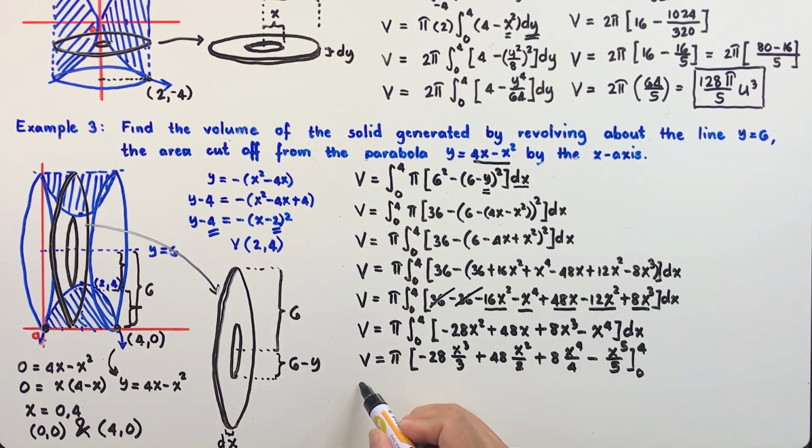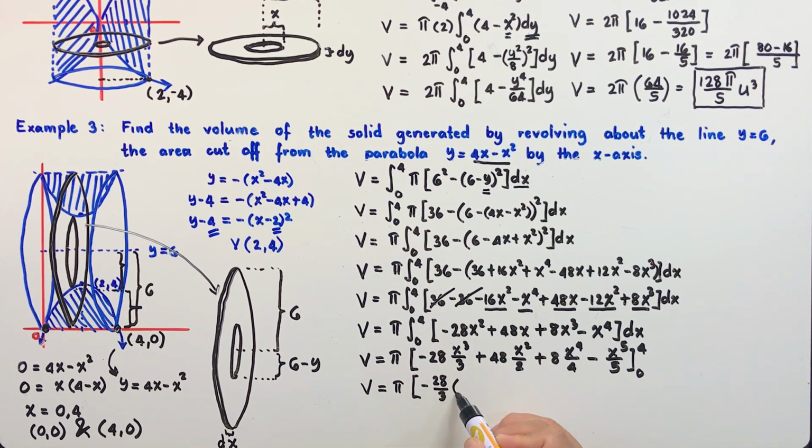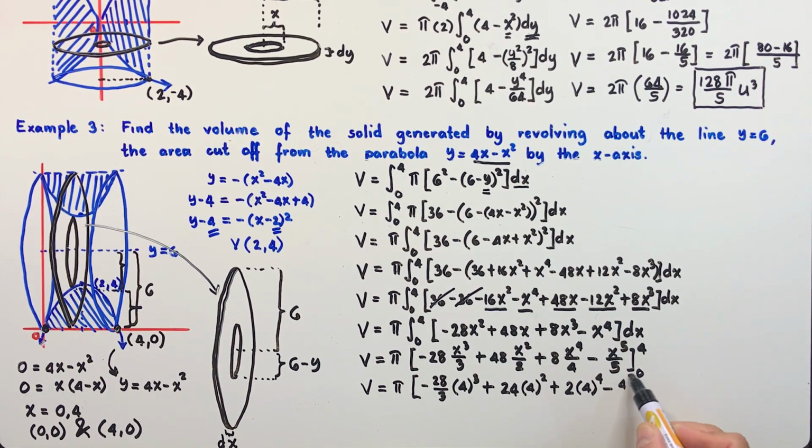So evaluating this integral from the limits of our integration, we have negative 28 over 3 times 4 cubed. And this will be added to 24, because 48 divided by 2 is 24, times 4 squared, plus 2, because 8 divided by 4 is 2, and this will be multiplied by 4 to the power of 4, minus 4 to the power of 5 over 5 here.